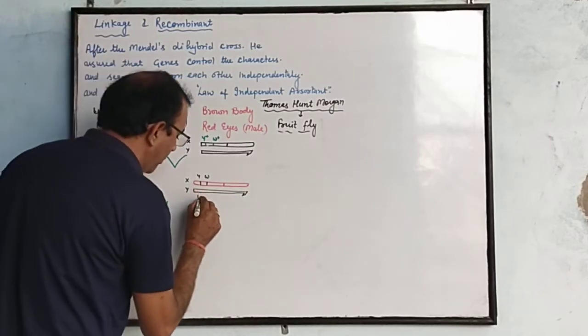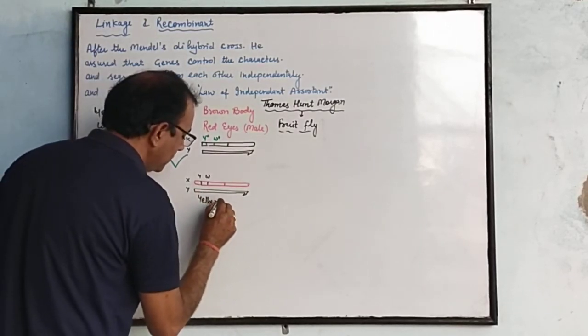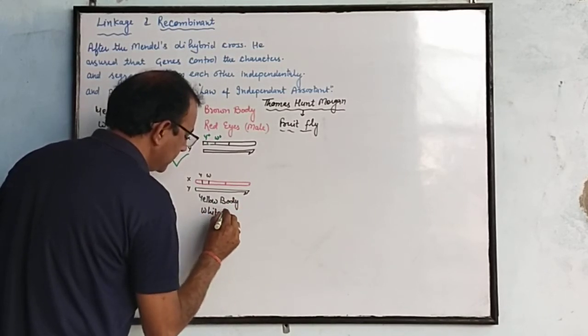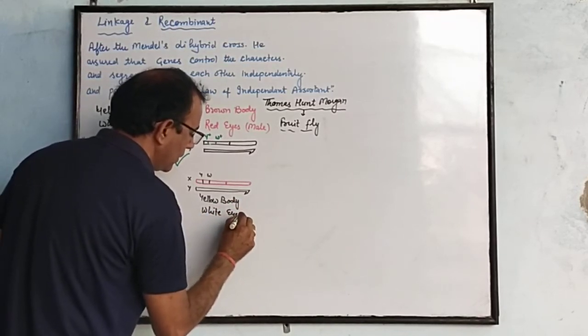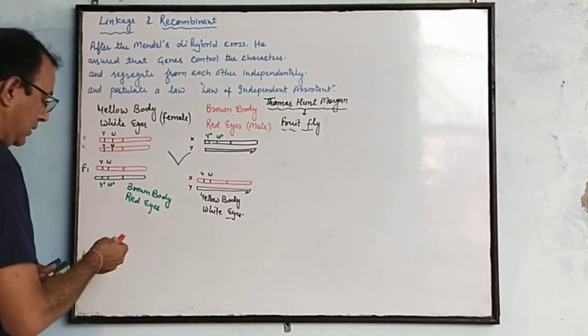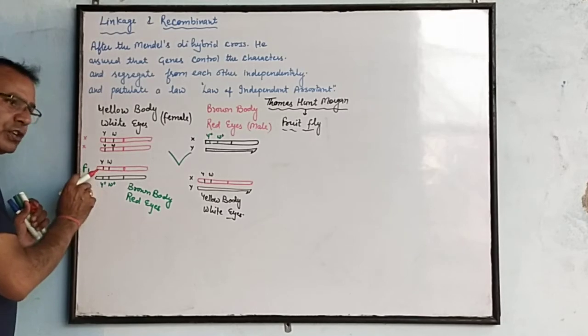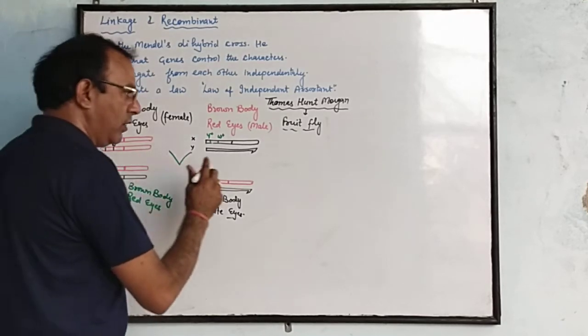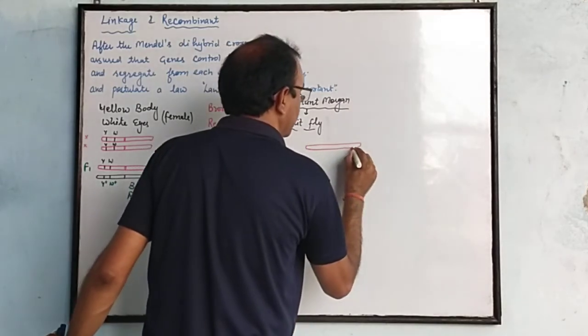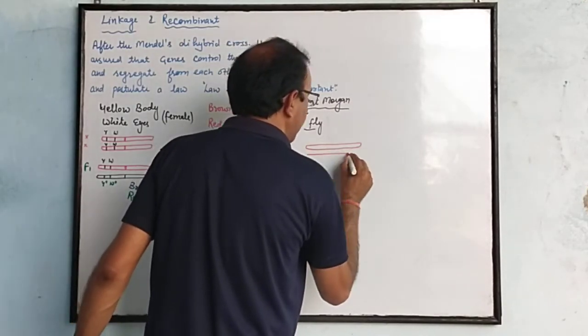male yellow body, white eyes are produced. After the crossing or recombinant process, then all chromosomes, suppose this is the X, this one makes its copy.